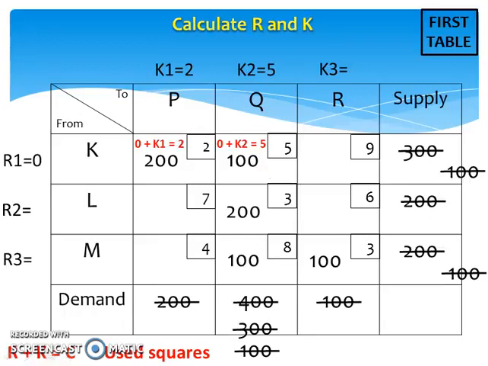Next, here we have R2 plus 5 equals 3, so we get R2 equals negative 2. And then here we have R3 plus 5 equals 8, so we get R3 equals 3. Finally, here we have 3 plus K3 equals 3, so we get K3 equals 0.